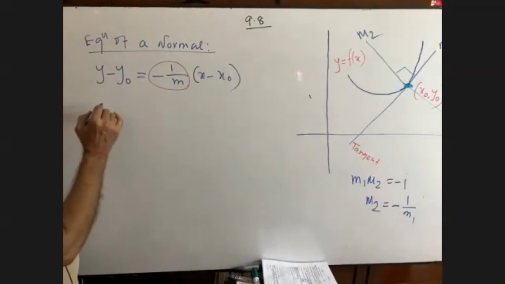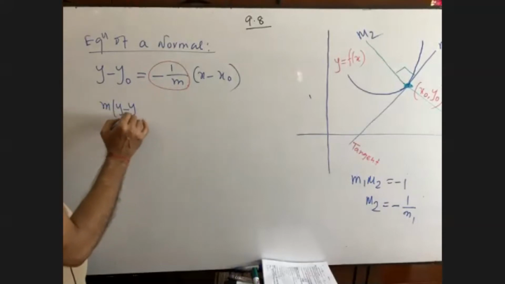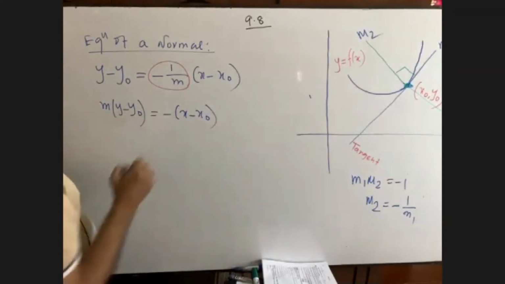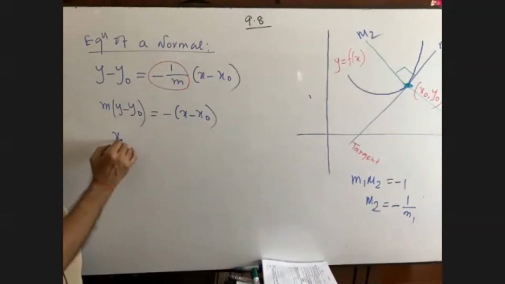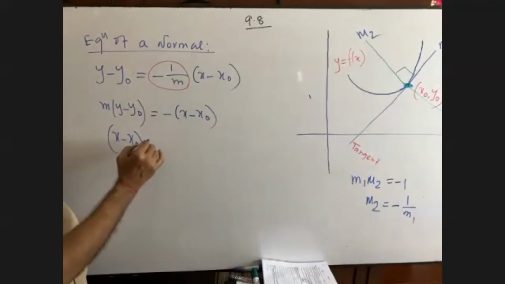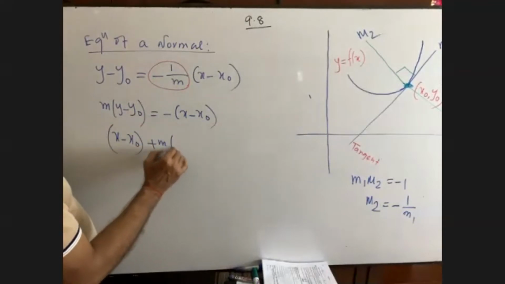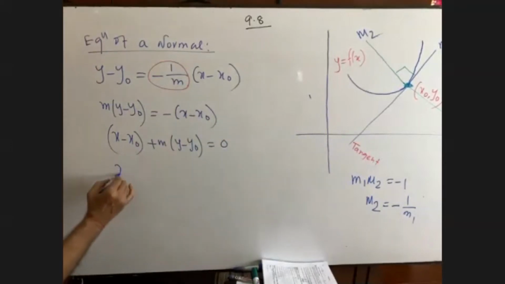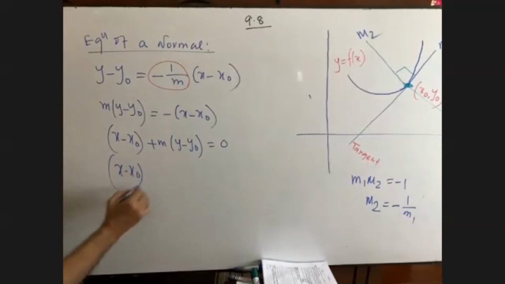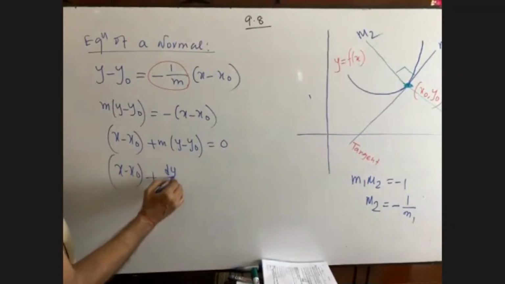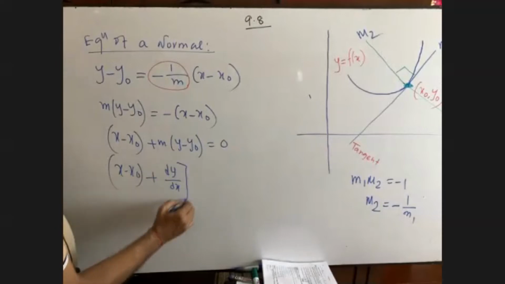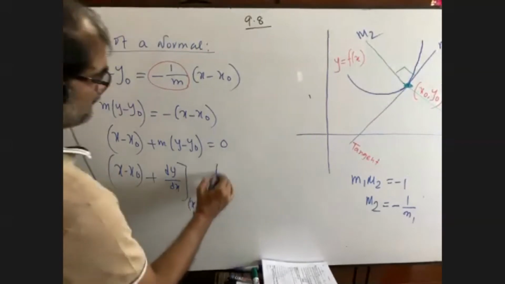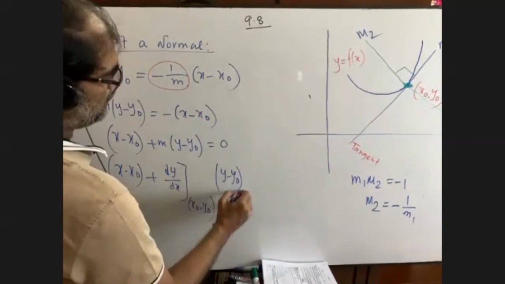We can write x minus x naught plus m into y minus y naught equals 0. Here m is dy by dx at the point x naught y naught, so x minus x naught plus dy by dx at x naught y naught into y minus y naught equals 0.